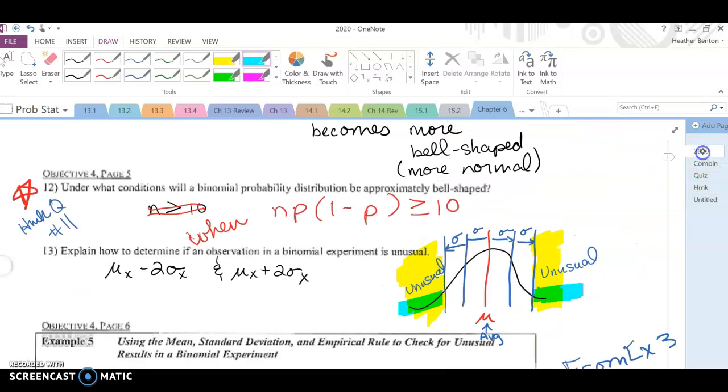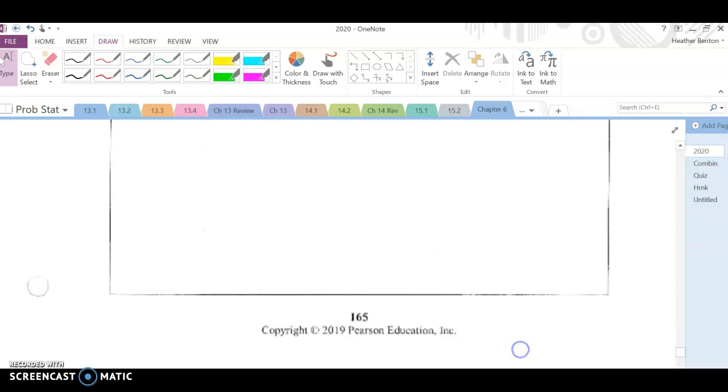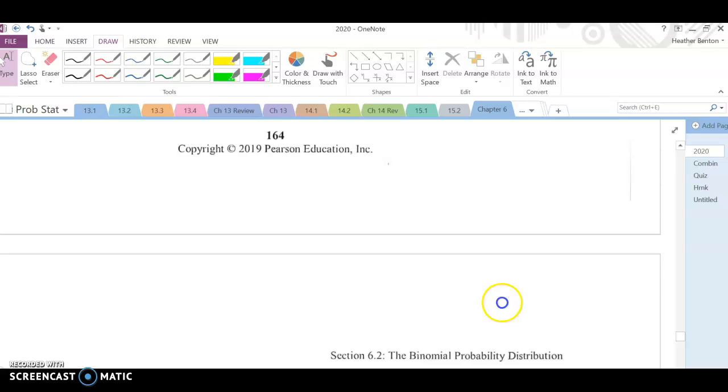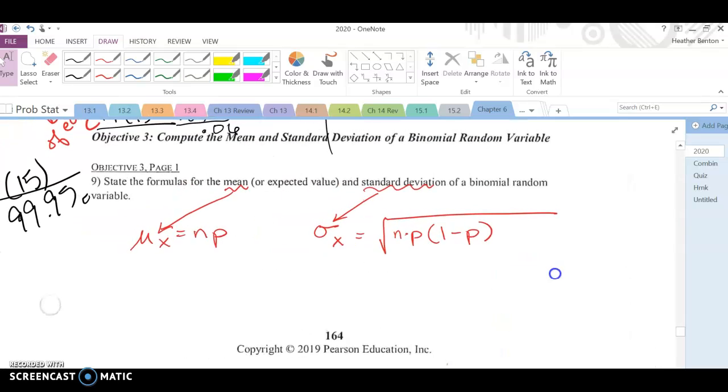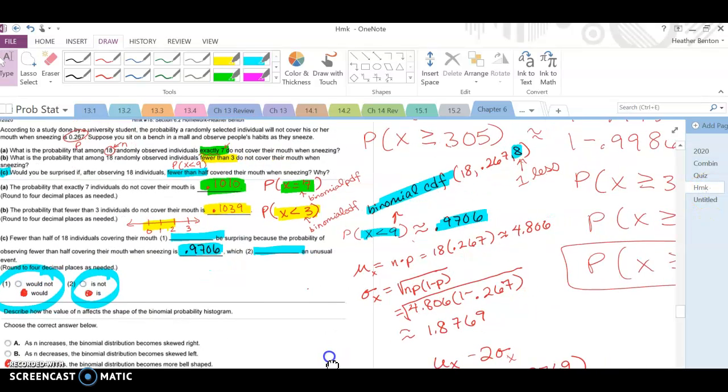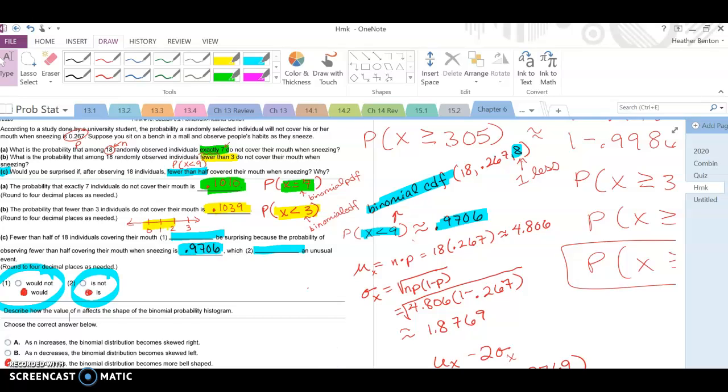So let's go back to the formula. Well, I think we have a little cleaner version here. All right, so this is on the 6-2 notes, objective 3, page 1. We have our mean and our standard deviation formulas. We've got to find what numbers are 2 standard deviations away, and then is our number within those realms or not?